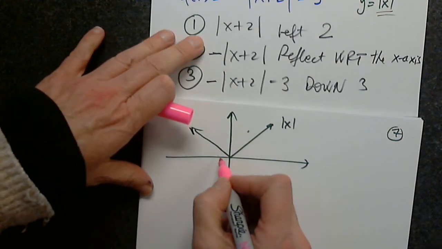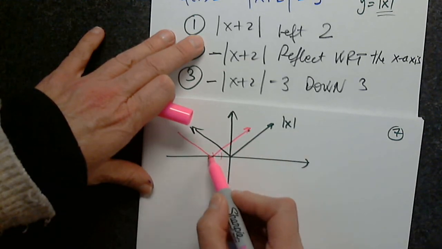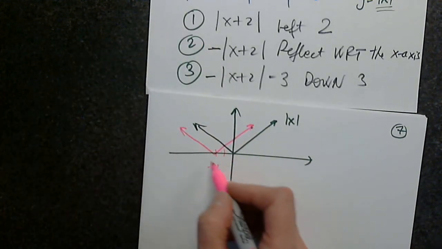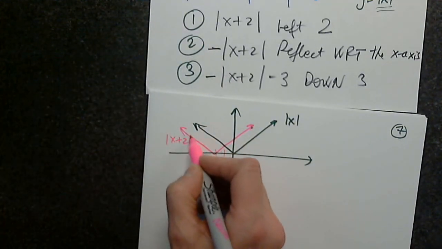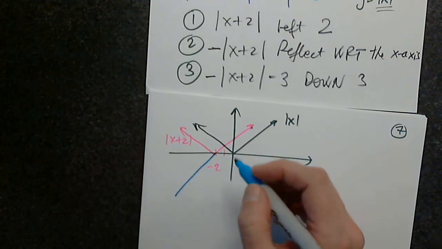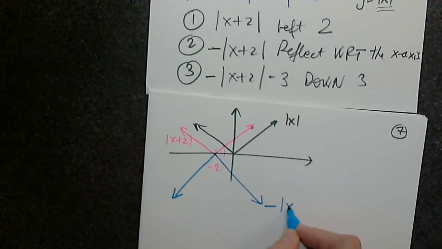Okay, so then you told me to shift it to the left 2. You will not be able to keep it in shape, that's my concern. So this is the absolute value of x plus 2. Then you told me to reflect this graph. Fine. I am going to reflect this graph with respect to the x-axis. So this is negative the absolute value of x plus 2.